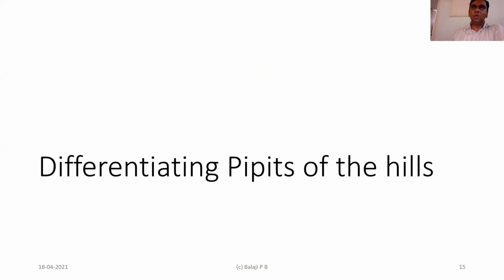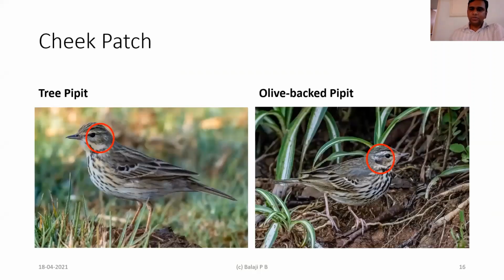So we'll see how to distinguish them based on the habitat. So you are about 1,500 meters above sea level. You are on some hill station. You see a pipit with extensive chest markings, of course, and the first aspect that you need to look at is whether it has any cheek patches or not.